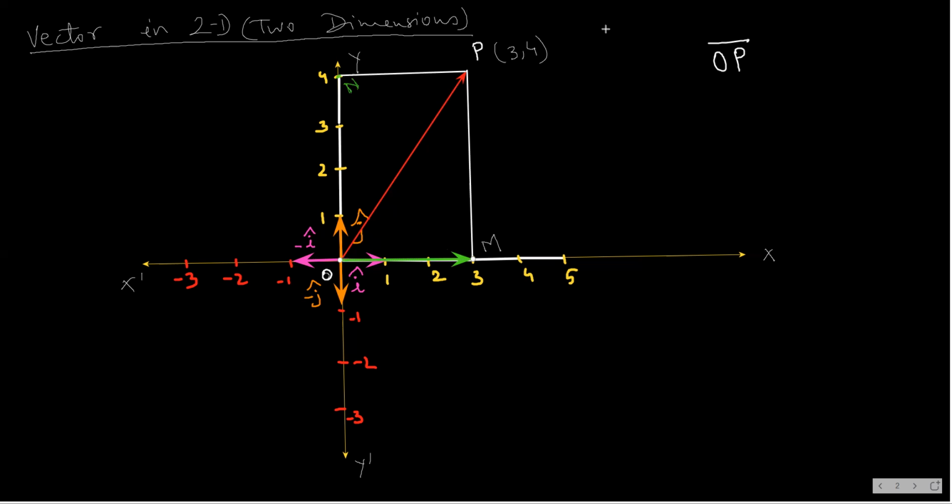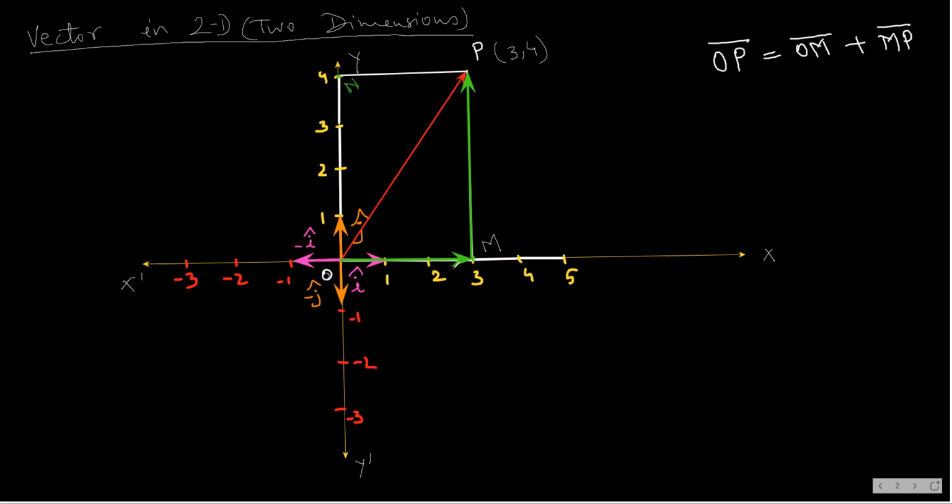And after that, I will start from M and go to P. So I understand here that OP bar can be written as OM bar plus MP bar.